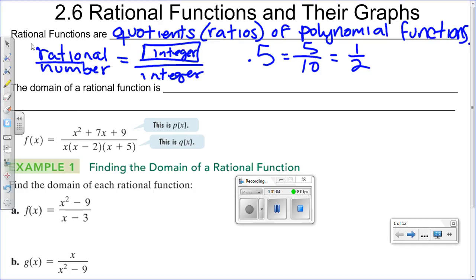And the domain of a rational function is the set of all real numbers except the x values that make the denominator 0.